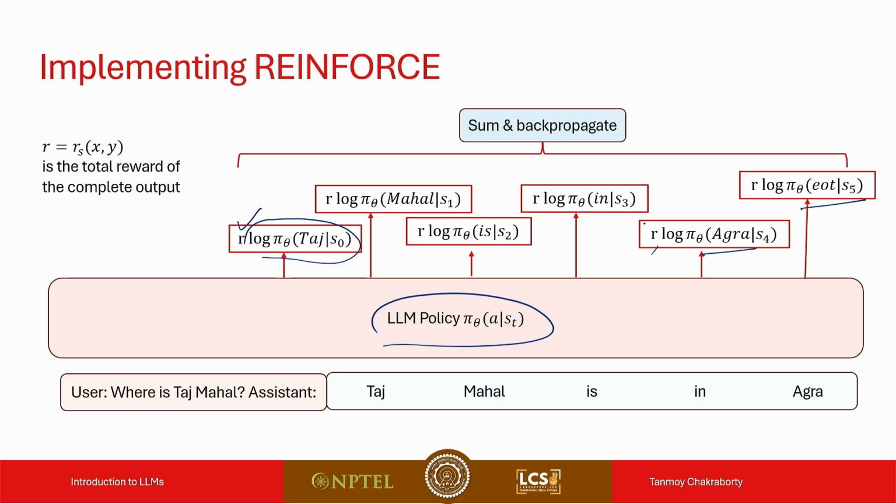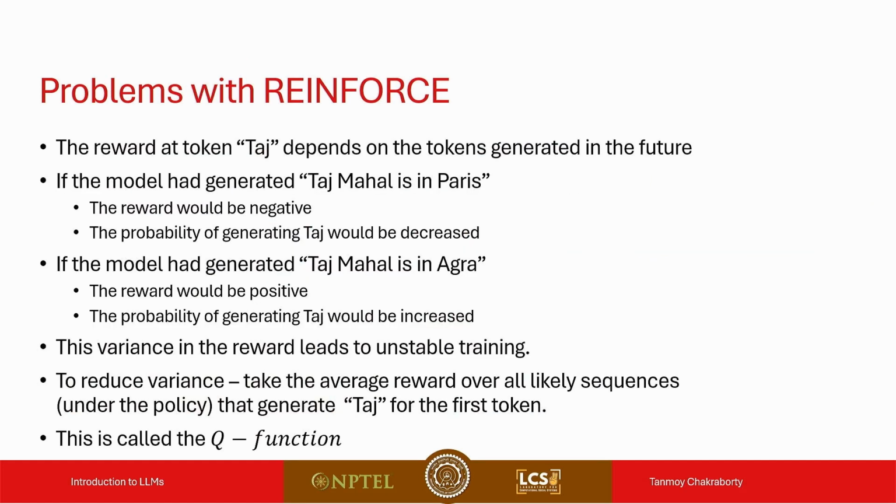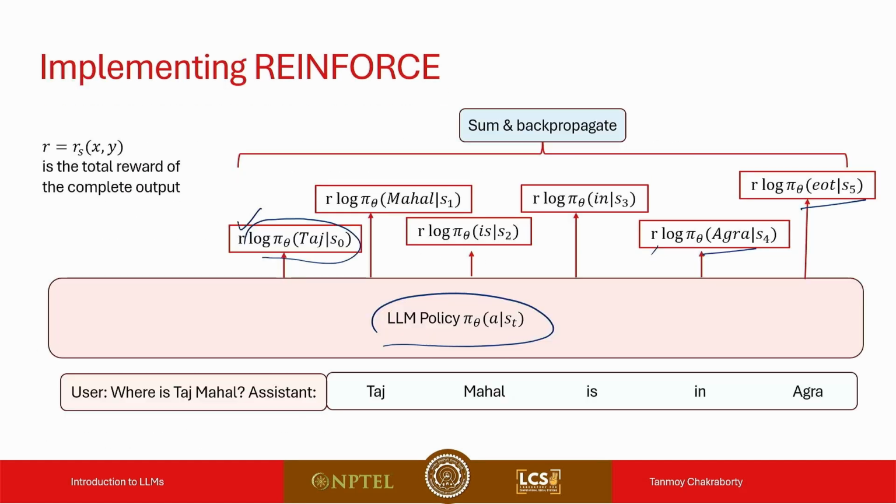States are different, by the way. Then you take the sum of all these terms and backpropagate. But here is the problem. In order to find the contribution of the word Taj here, I'll have to wait till this, number one.